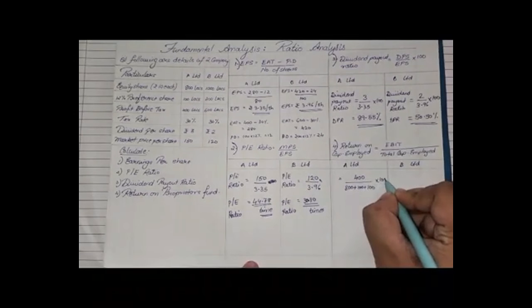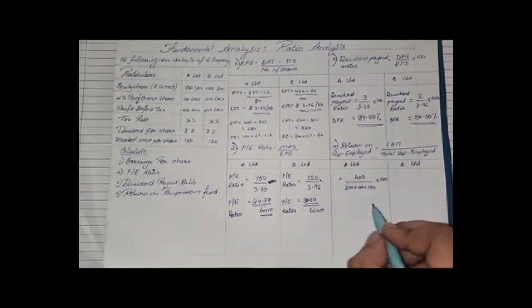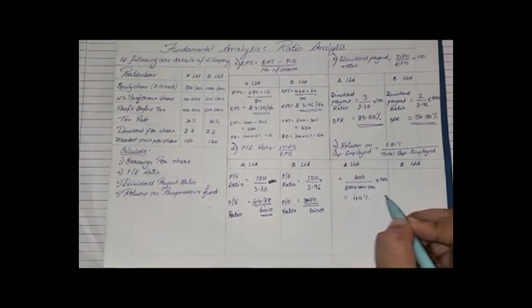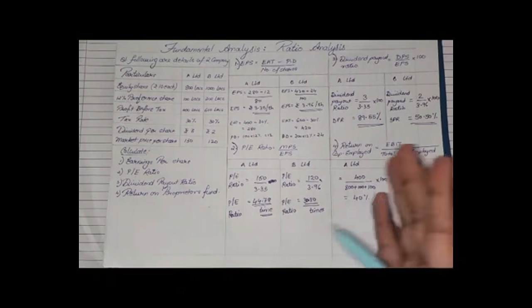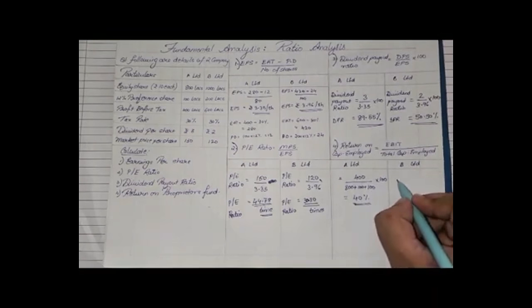Now this is also into 100. I have not mentioned it here, but it is into 100. So it will be 400 divided by 1000. Taking it on the calculator, 400 divided by 1000 into 100 comes to 40%. So our return on capital employed, or return on proprietary fund, for A Limited is 40%. Similarly, we need to find it for B Limited.